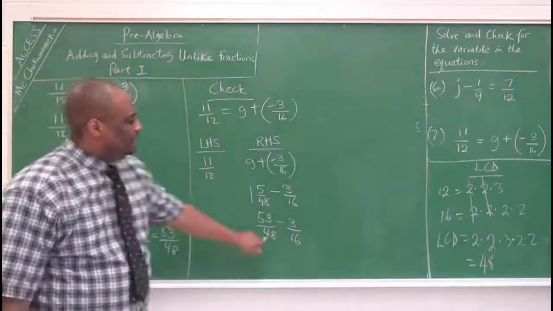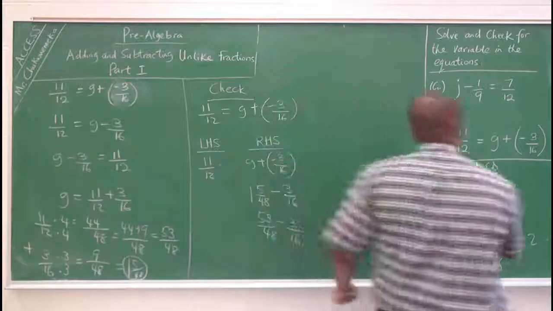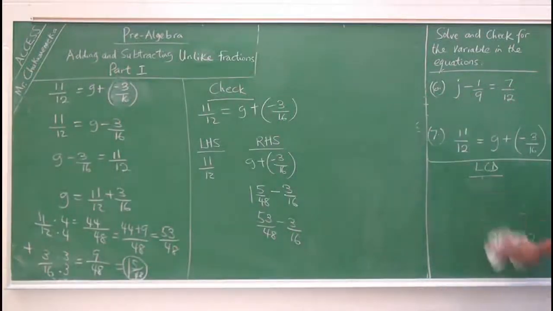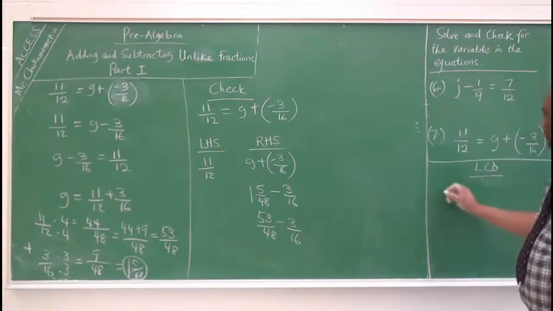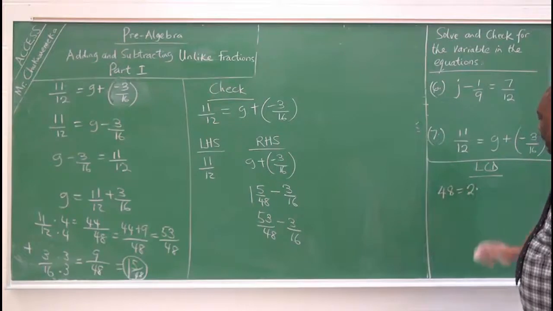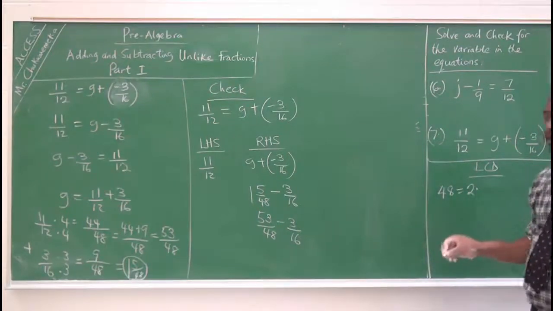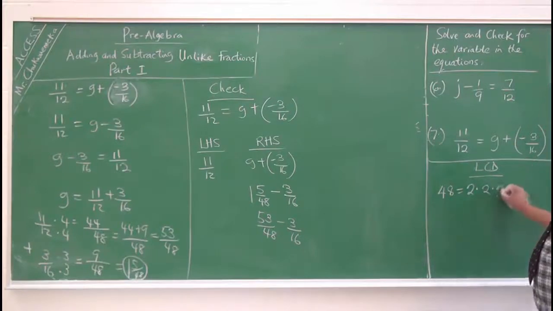So let's find the LCD of 48 and 16. What does it give us? So this is 48 will be 2 times 24. 24 is 2 times 12. 12 is 2 times 6. 6 is 2 times 3. 2, 4, 8, 16 times 3, 48.